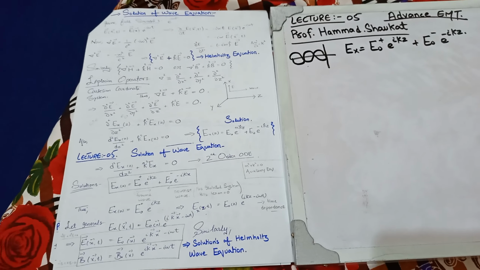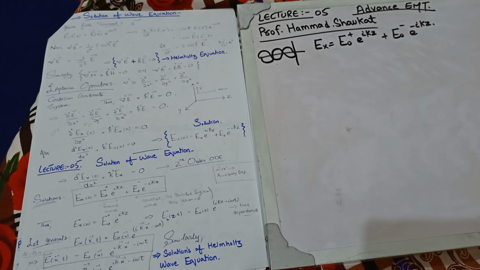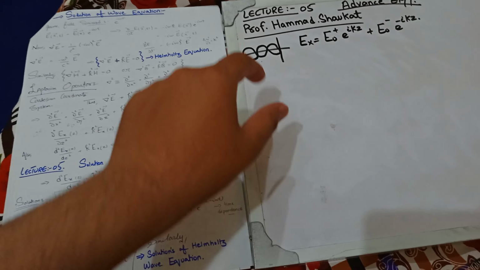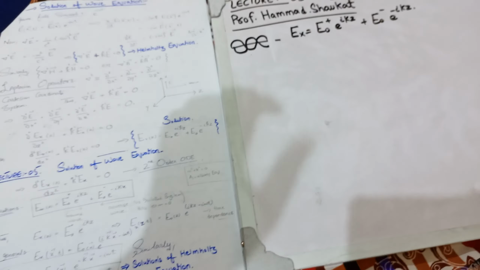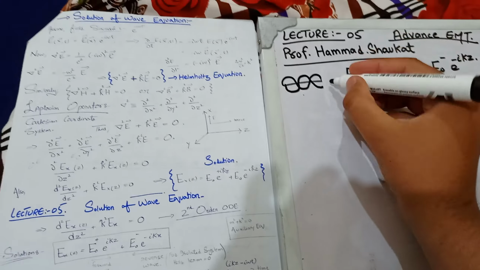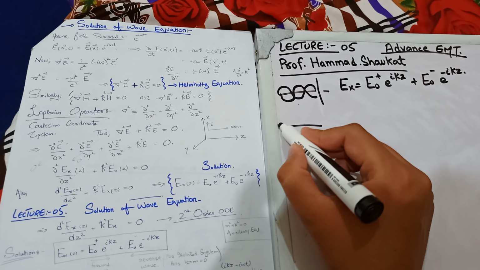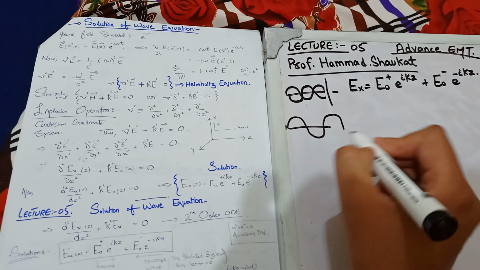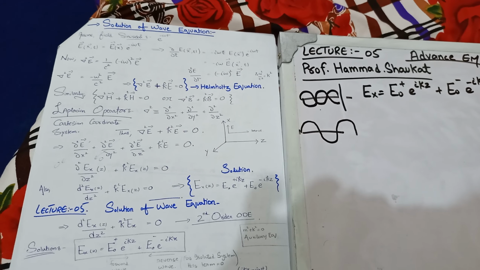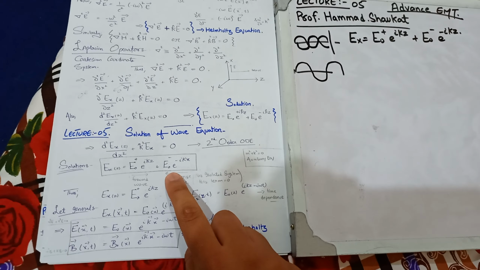Let's suppose there is no restriction. Let me draw it here. There is a restriction here, but if there is no restriction, the wave goes only in the forward direction, no backward. If there is no wall, no boundary, then there is no backward wave, so this part becomes 0.